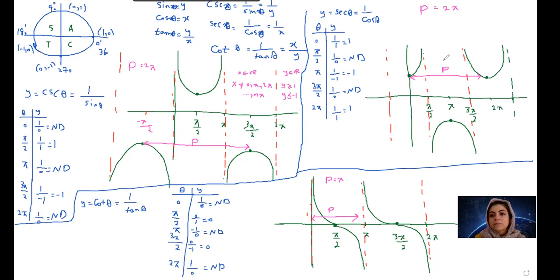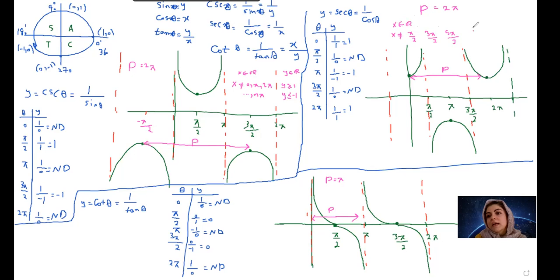The same thing here. I can do the domain x belongs to R. X cannot be your asymptote: pi over 2, 3 pi over 2, next one is going to be 5 pi over 2. As you see, the odd number over 2, right?